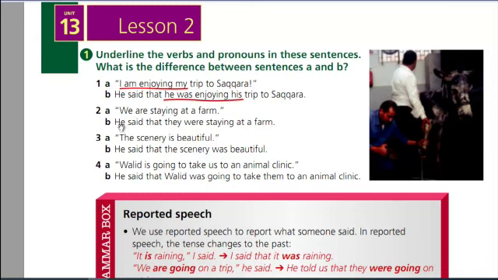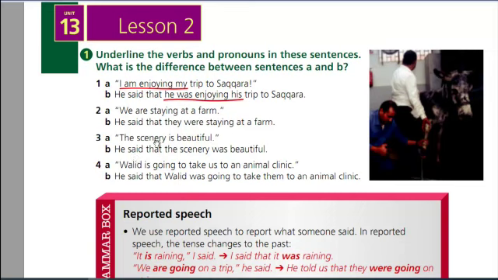B. He said that they were staying at a farm. So the pronoun here is they, and the verb is were staying. Sentence number 3. The scenery is beautiful. He said that the scenery was beautiful.